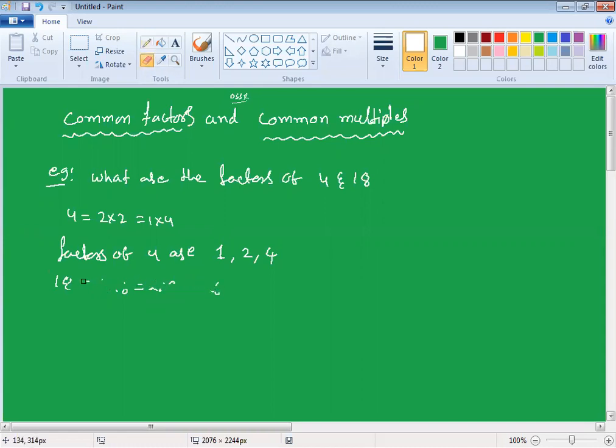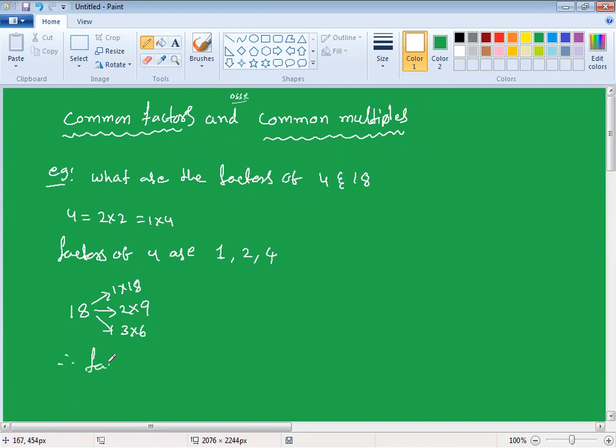If you get confused, I'm writing it this way: 18 we can write as 1 into 18, 2 into 9, 3 into 6. Again, 1 into 18 is nothing but 18 1 ja, 2 into 9 is nothing but 9 2 ja, 3 into 6 is nothing but 6 3 ja. So there is no other way except these three ways.